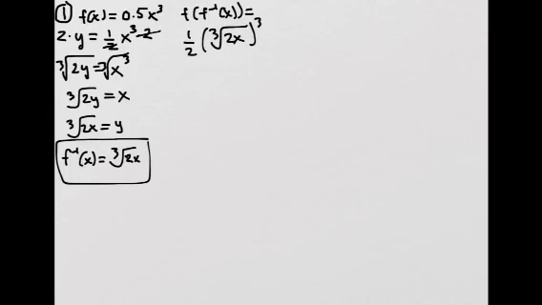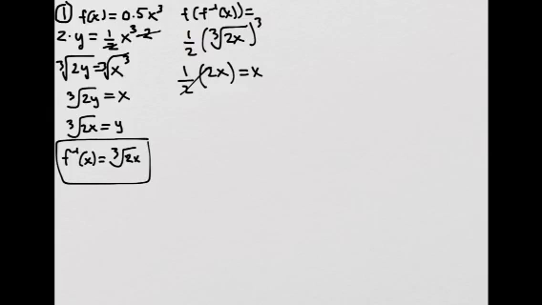So order of operations tells us that first we're going to do the exponent before we multiply by a half. So we're going to take the cube root of 2x and raise it to the third power first. So when you do that, you get 1/2 times 2x. And then the 2 times 1/2 gives you x.